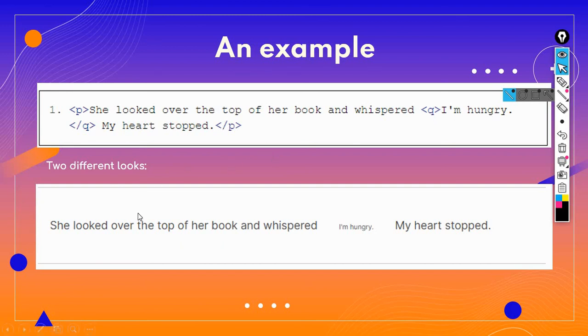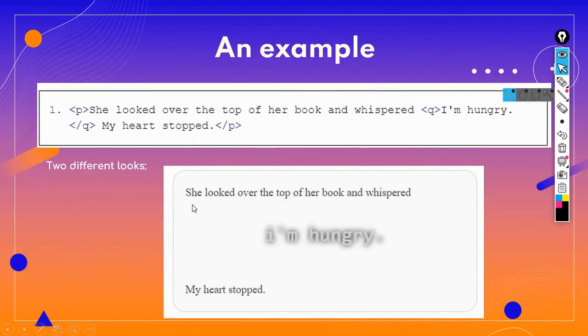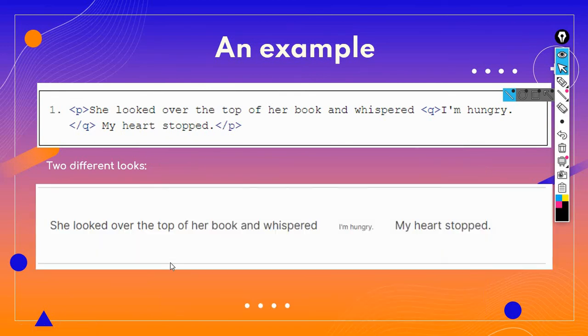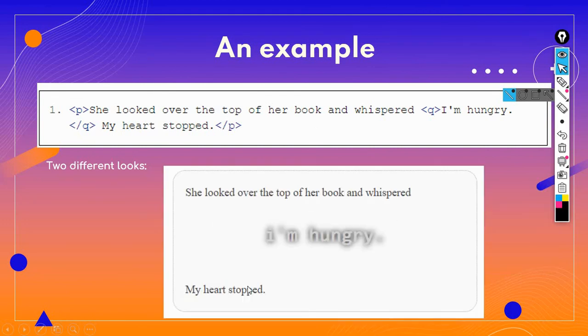And then, this is the first result wherein there's no CSS, just purely the HTML code. And here is another result that uses the CSS. Both of these use the exact same HTML. So it is the CSS that makes them so different.